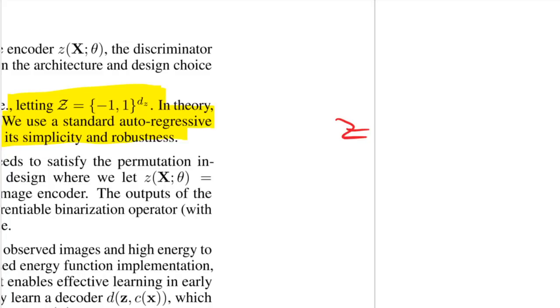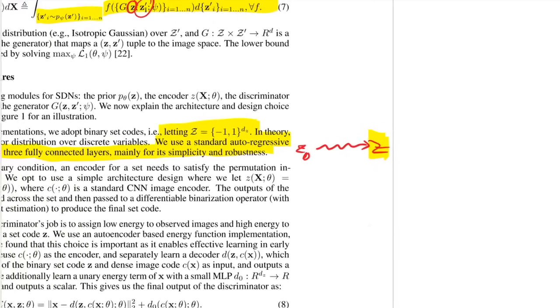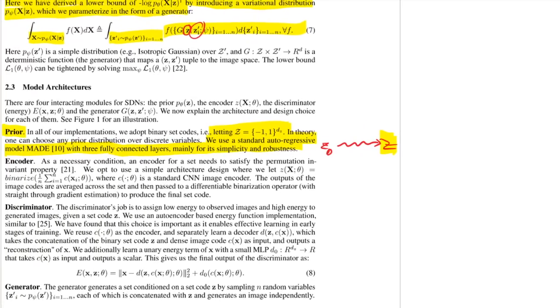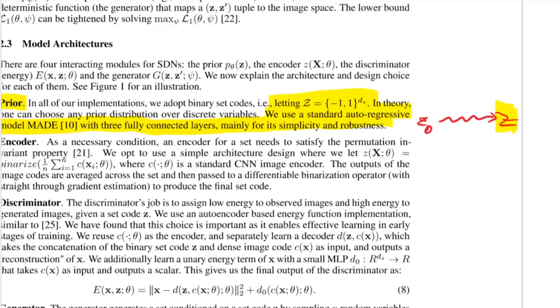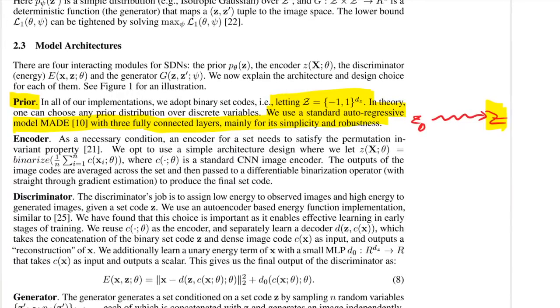So what you'll do is you'll have a Z0 right here, and then you'll learn a GAN to learn better input distributions. Okay, and this is what you do here with this prior on Z. This is more standard in VAEs than it is in GANs, but it exists. So encoder, they say as a necessary option, the encoder for a set needs to satisfy the permutation invariant property.